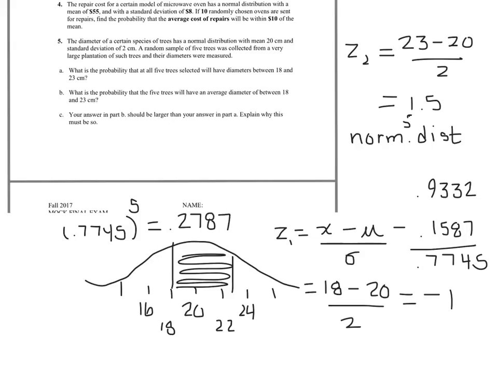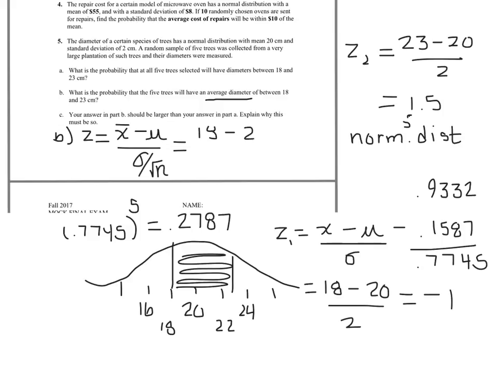So now notice the difference in question B. It's saying what is the probability that 5 trees will have an average diameter of between 18 and 23 centimeters. So what we have to do differently is we have to use our z-score for the average formula that we used in our example today. So our x-bar that we want, our lower x-bar is 18.